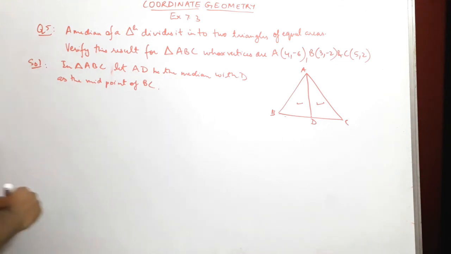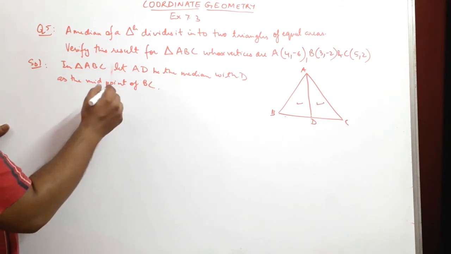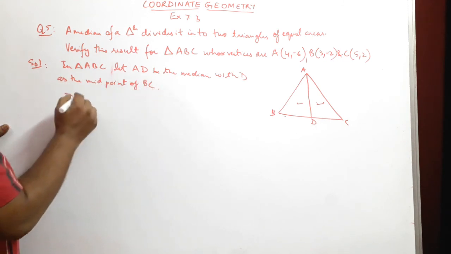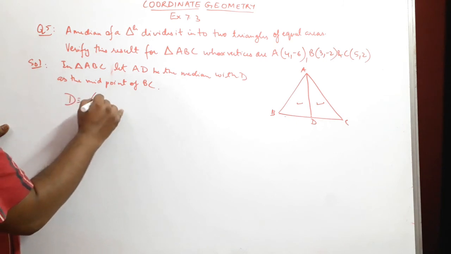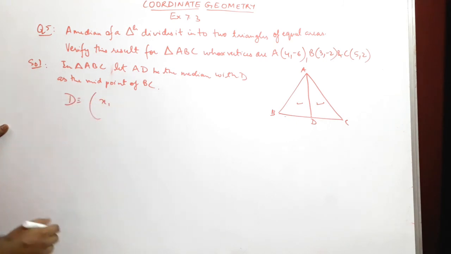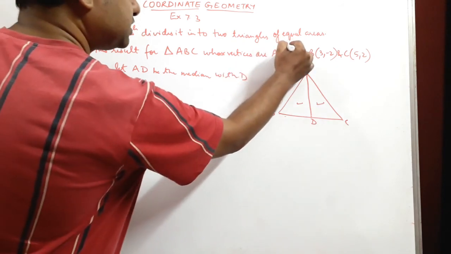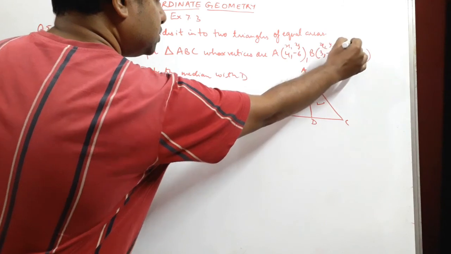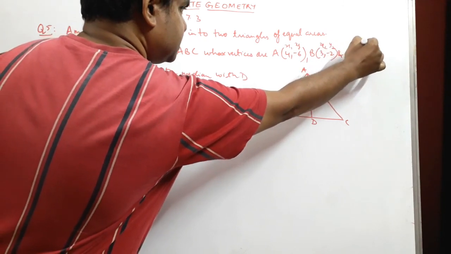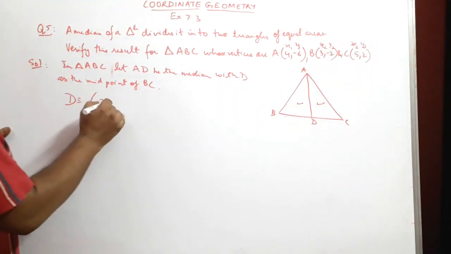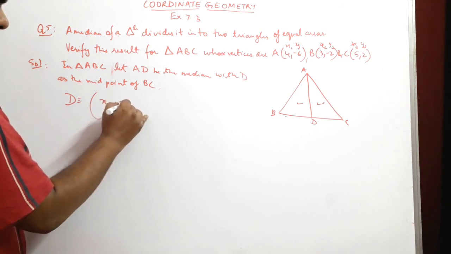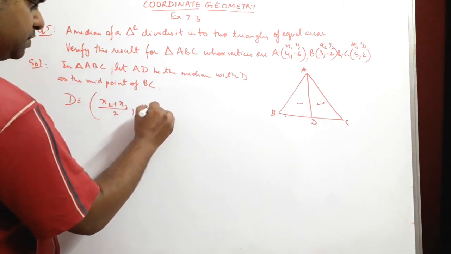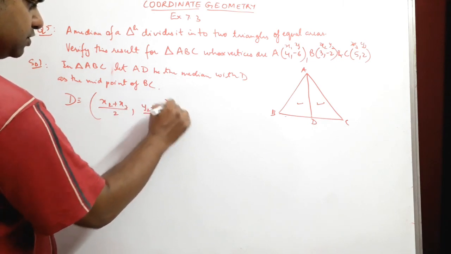So if we had to find the midpoint D, the midpoint of BC, that would be the coordinates of D, and we'll give the names x1 y1, x2 y2 and x3 y3. So that would be x2 plus x3 upon 2 comma y2 plus y3 upon 2. That is the midpoint formula.